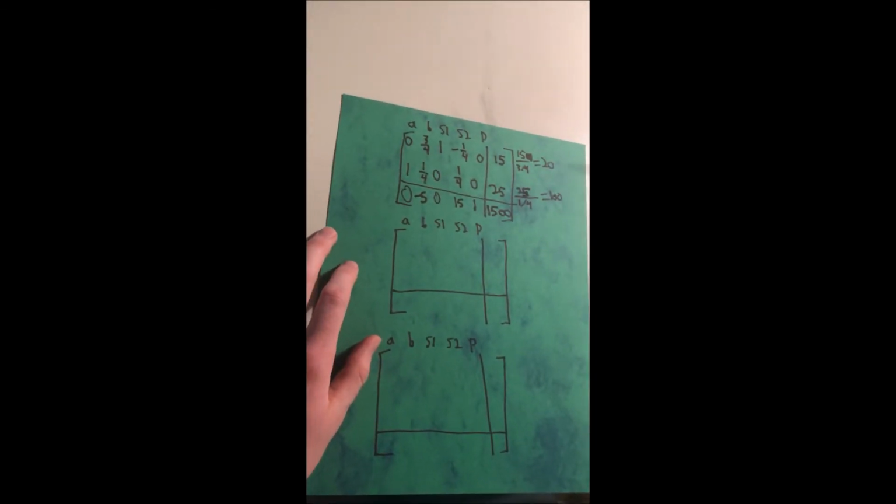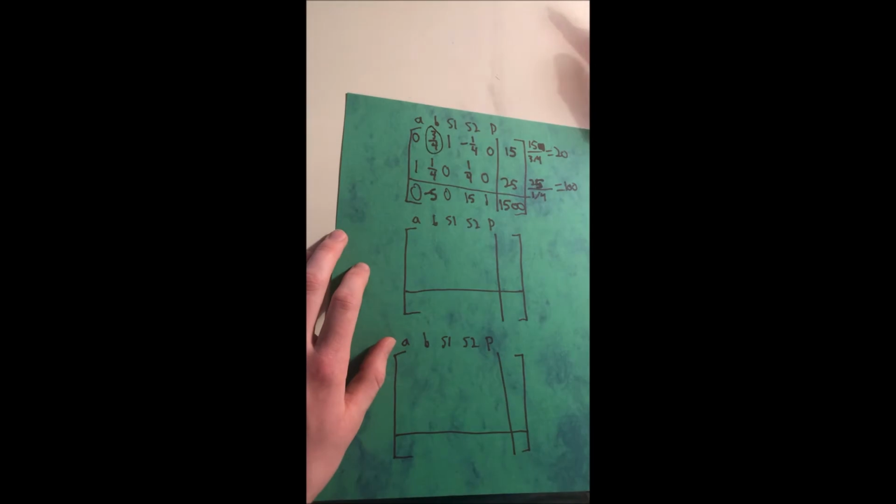So that is equal to 20, and this is equal to 100. The smallest non-negative number in this case is 20, so our pivot number is 3/4.